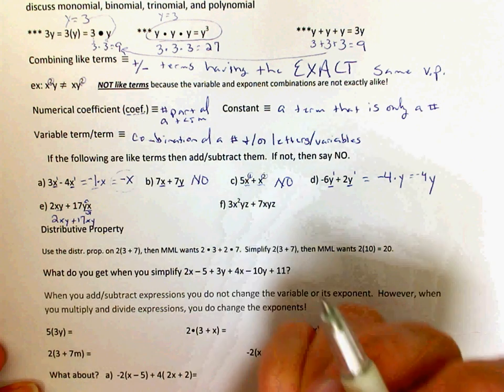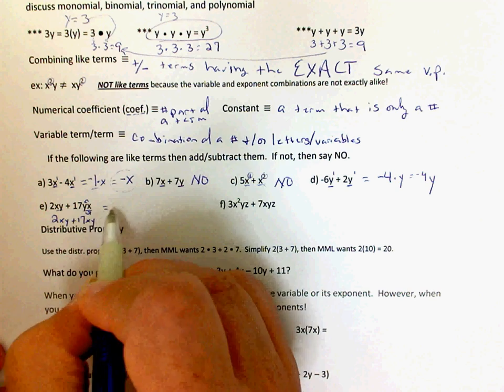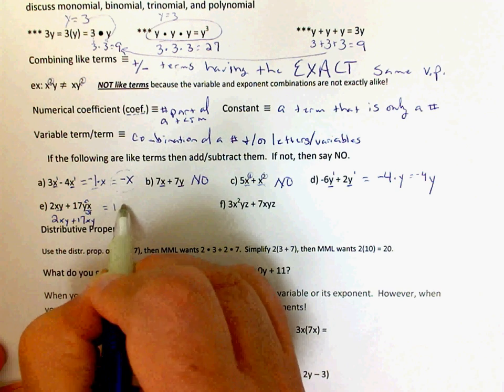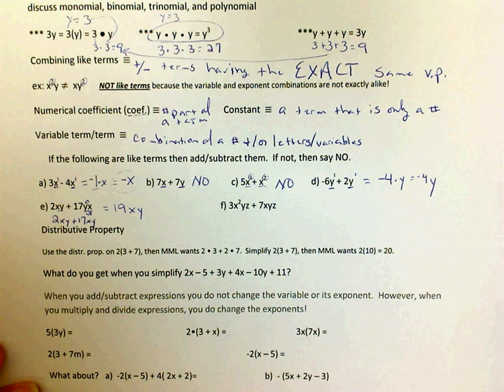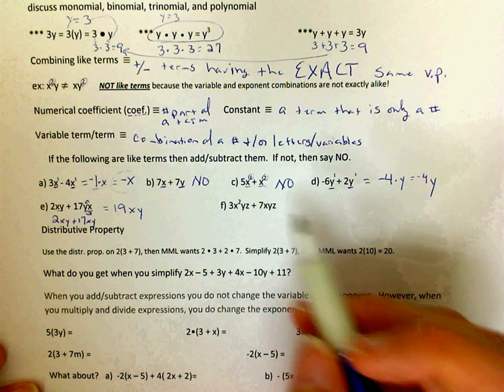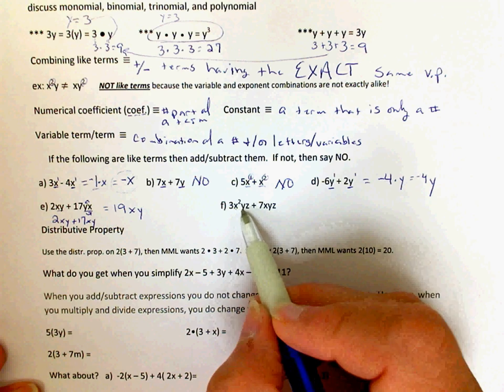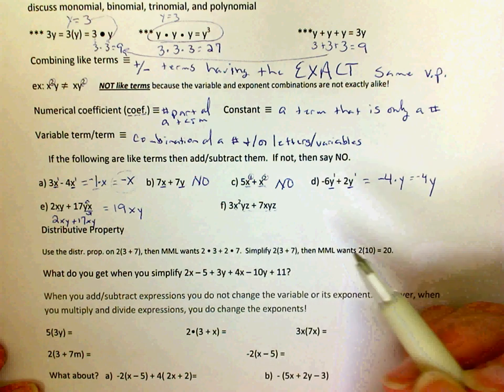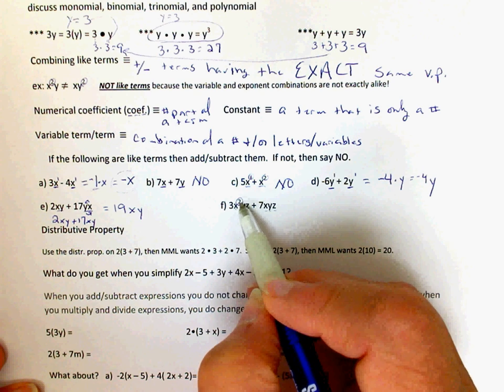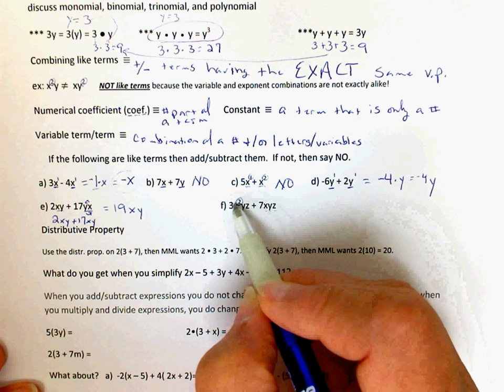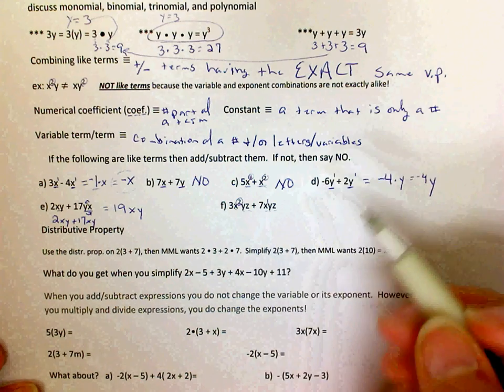These are like terms. So 2 plus 17 is 19, and then I just tack along my xy. Well, xyz on number F. The problem is the exponent on x is 2 there and 1 here. So this is also another no.